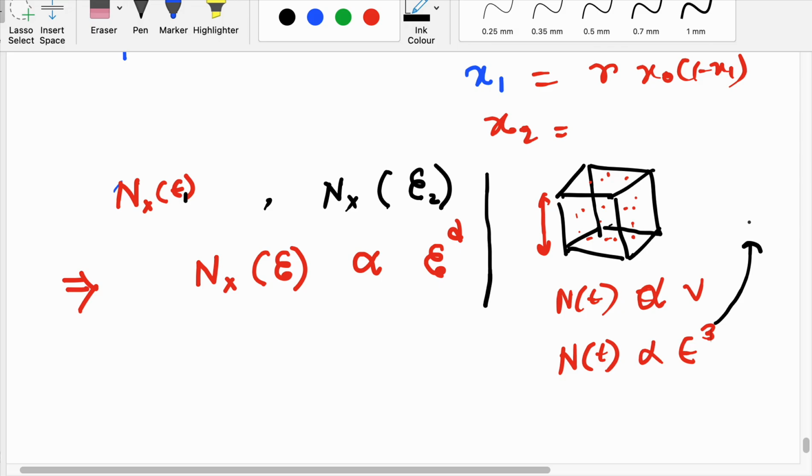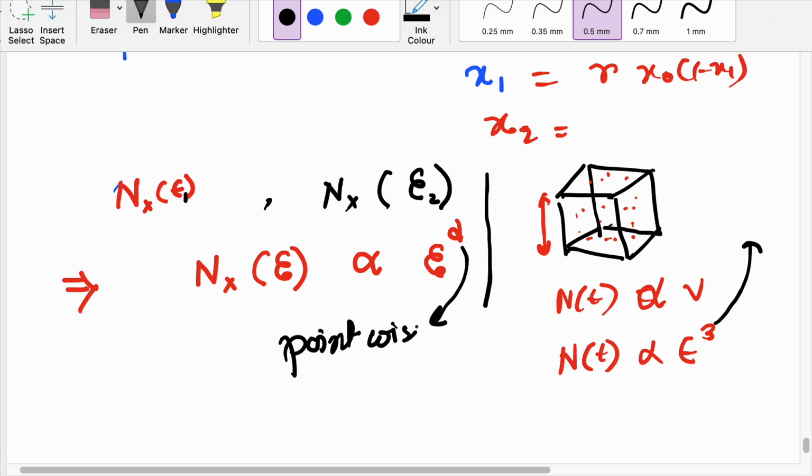So from there, if we can calculate how this number of points varies with epsilon, we can find out the dimensionality, and this dimension d is called the pointwise dimension.